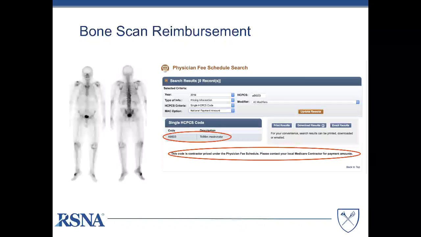Whether or not there is additional payment is based on the payer. Potential loss of this valuable charge data could jeopardize future appropriate payments for nuclear radiology. So even though it may not result in additional payment, we need to code for it to ensure appropriate reimbursement for our studies in the future.